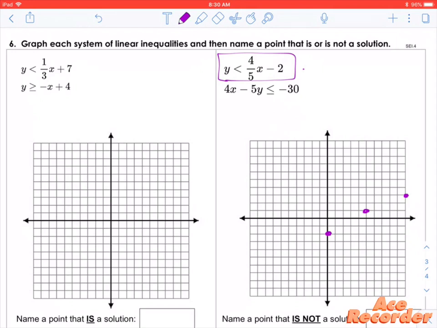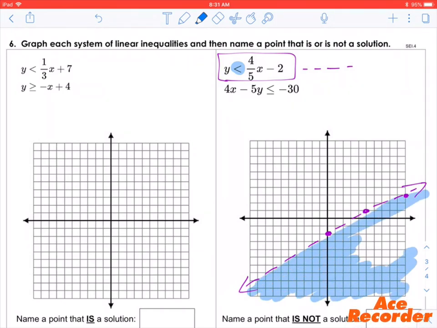And this is a dotted line because there's no underline. So I'm going to go ahead and draw myself a dotted line going both ways. And where do I shade? This says less than. Okay, so if it's less than, I'm going below. And so I just shade below the line.